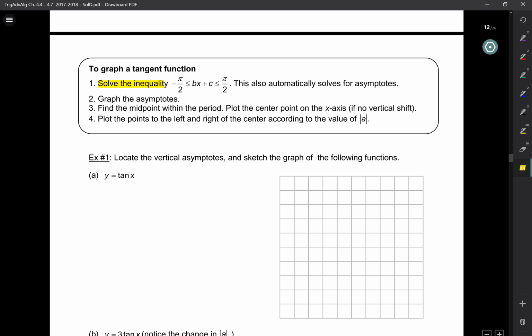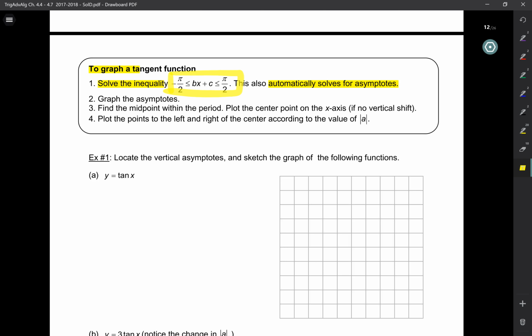So to graph a tangent function, we're going to solve the inequality from negative pi over 2 to pi over 2. By the way, when we do this, we also automatically solve for the asymptotes. Those points give us the asymptotes, the beginning and the end. So we solve the inequality like this, algebra.